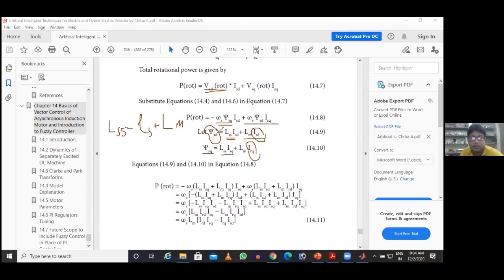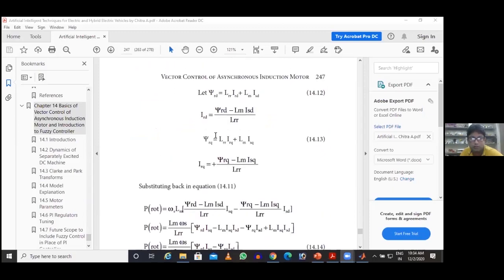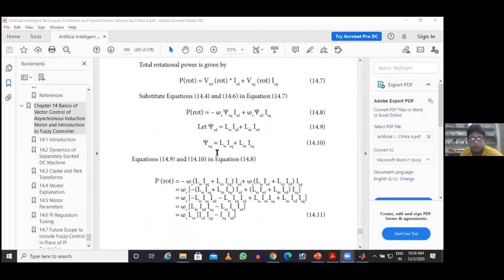Now, if you substitute this psi_SD and psi_SQ in this equation, it comes out something like this. Something will be cancelled out. So here you see the two terms are there: one is I_RD and another is I_RQ.